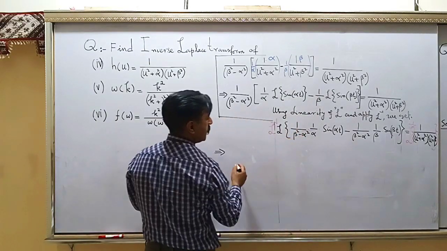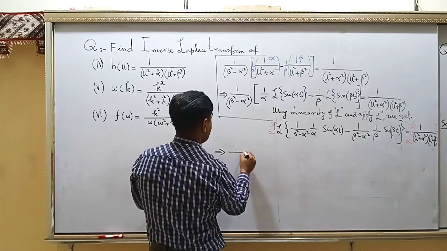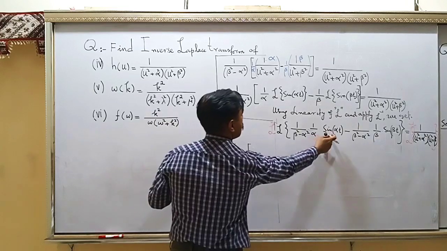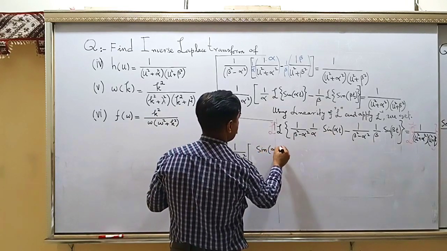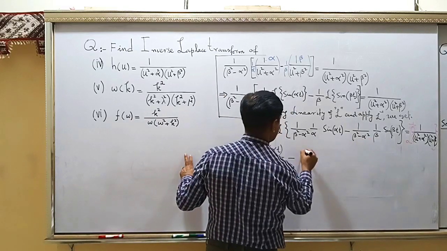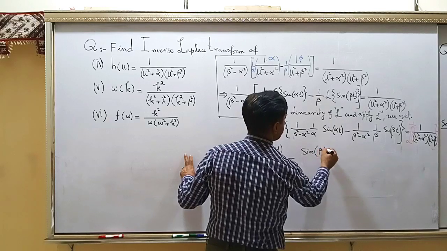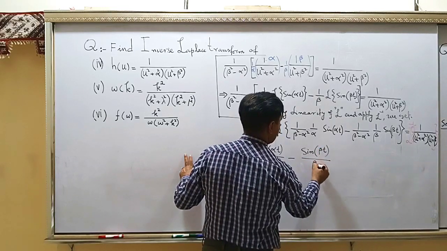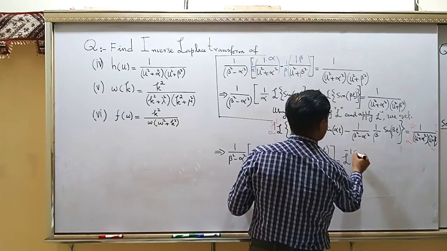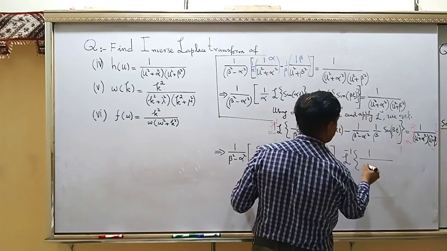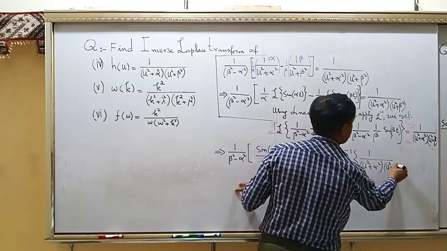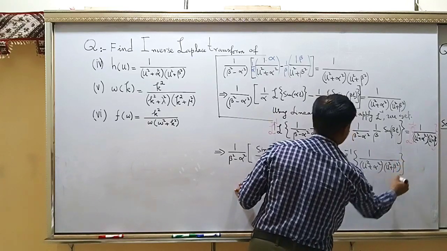And you can do some simplification over here. This 1 over beta square minus alpha square can be written as beta square minus alpha square into sine alpha t divided by alpha, minus sine of beta t divided by beta, and on the right you have the inverse Laplace transform of u square plus alpha square into u square plus beta square, right?